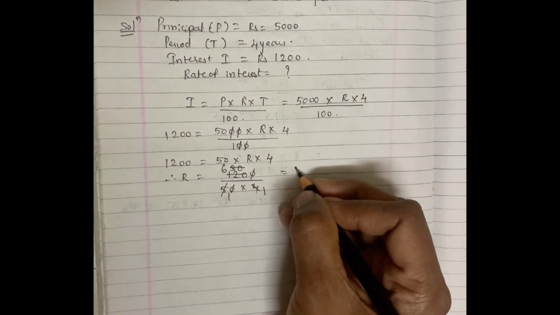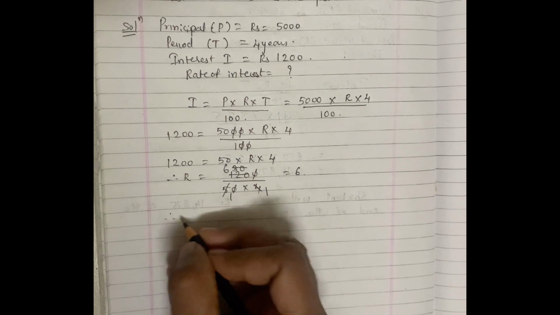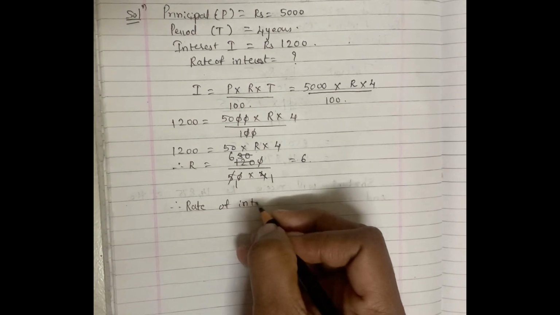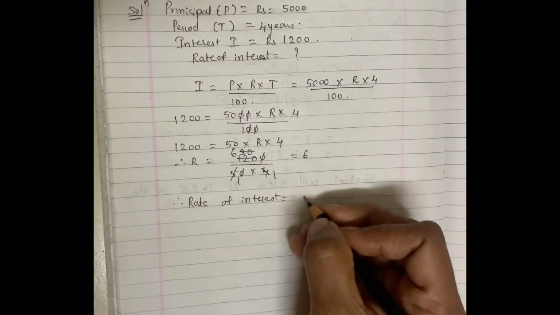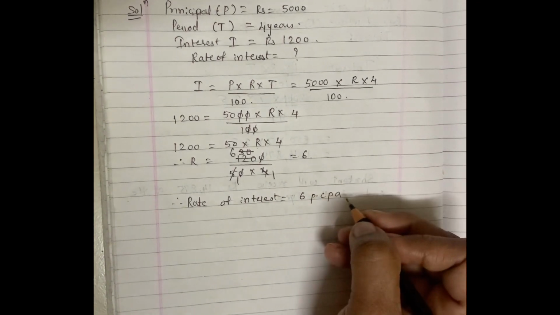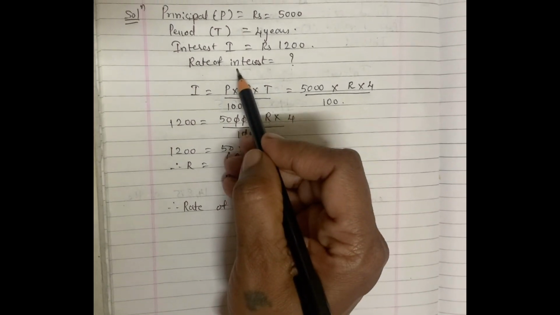So you got answer 6. Therefore, rate of interest is 6% per annum. So we have calculated the rate of interest.